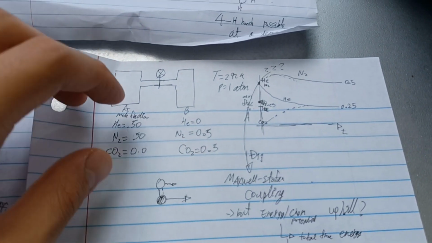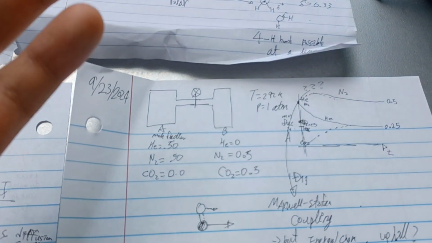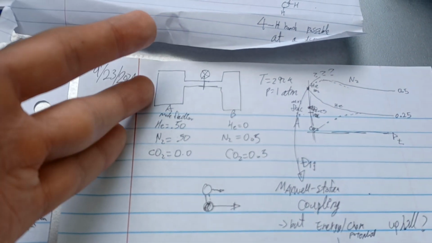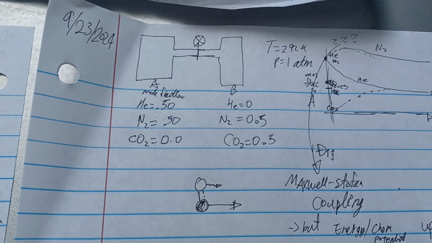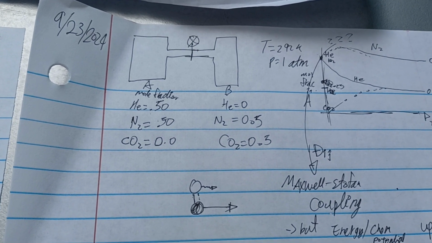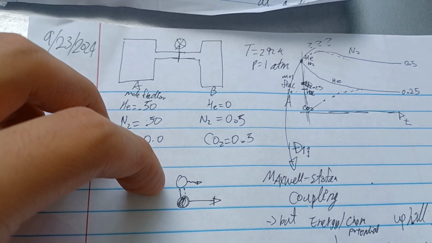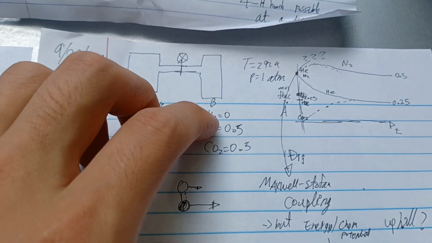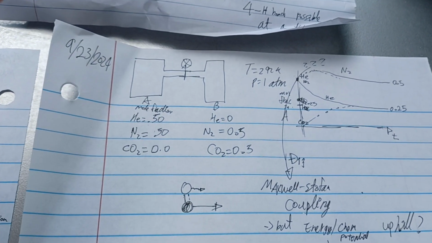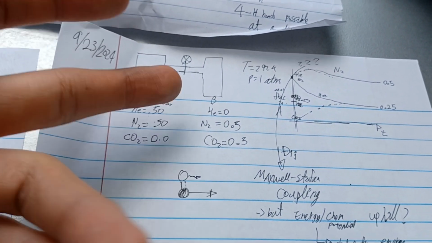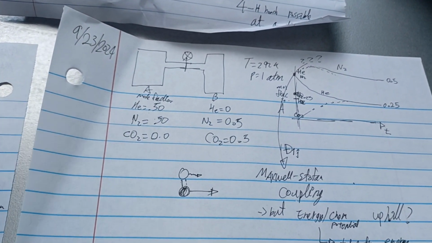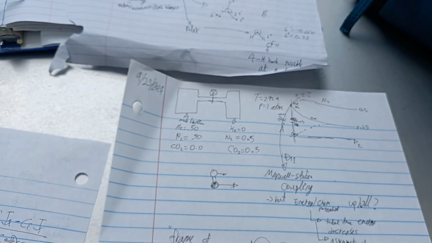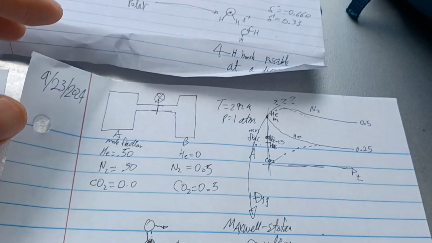And then imagine we have two containers with a valve in between. One has a mole fraction of helium 0.5 and nitrogen 0.5 and no CO2. The other has no helium, the same amount of nitrogen, and 0.5 mole fraction of CO2, or 50% CO2.